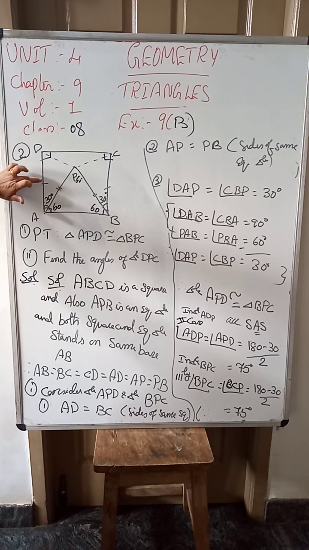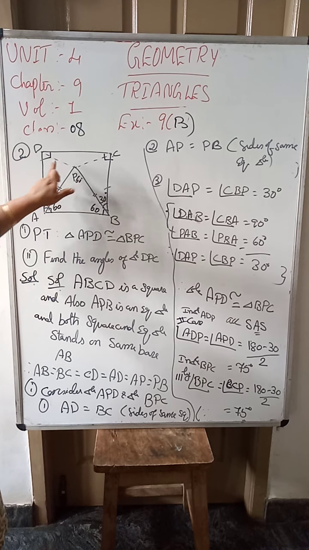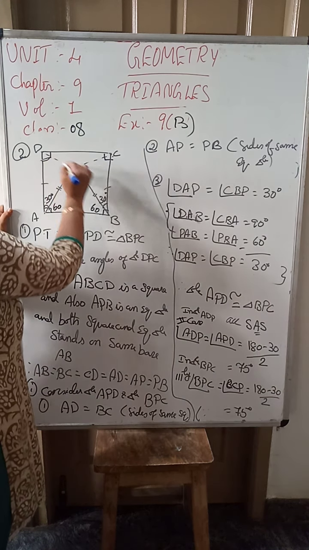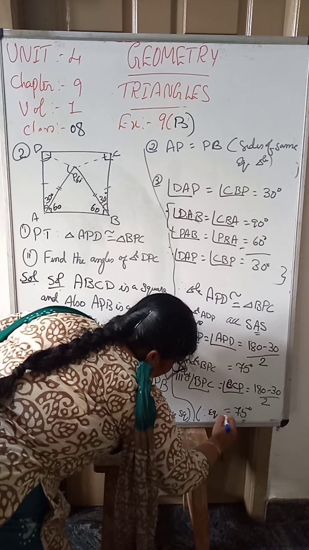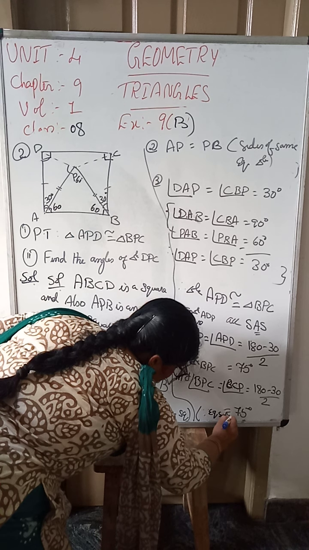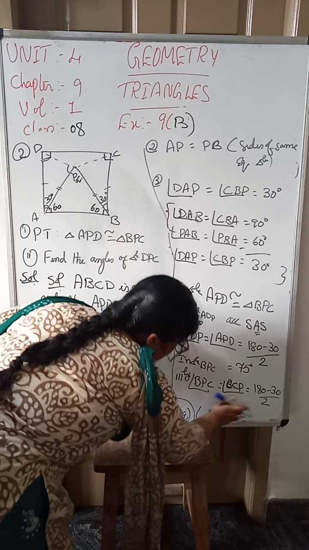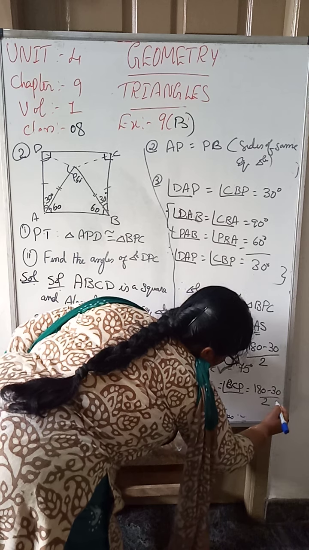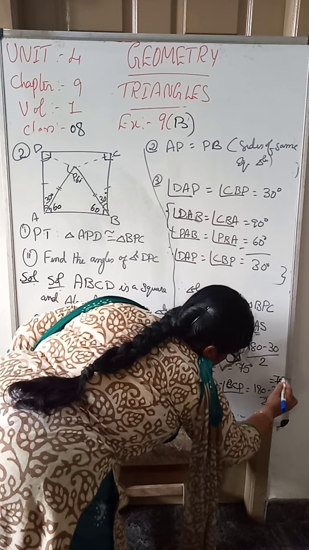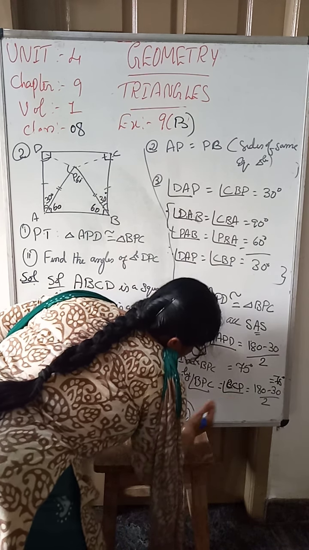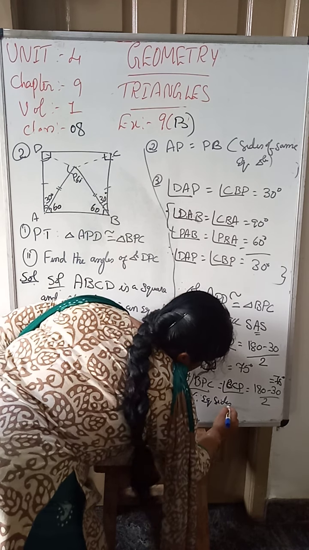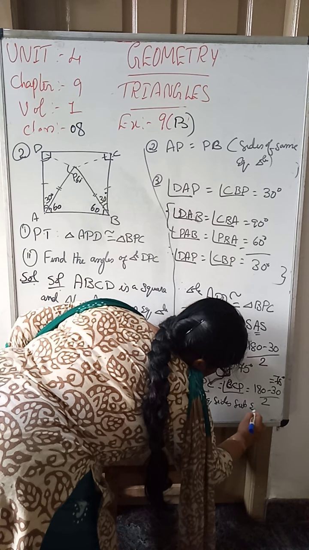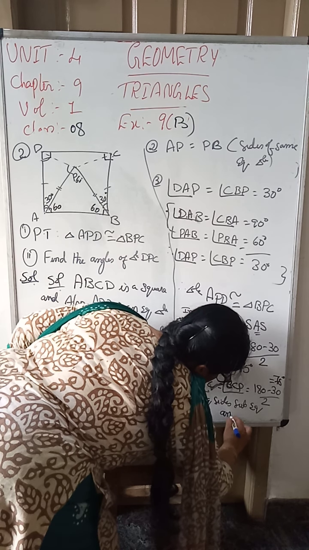Here AD is equal to AP. Equal sides subtend equal angles. I will write down here 75, here 75 degree. Because equal sides subtend equal angles.